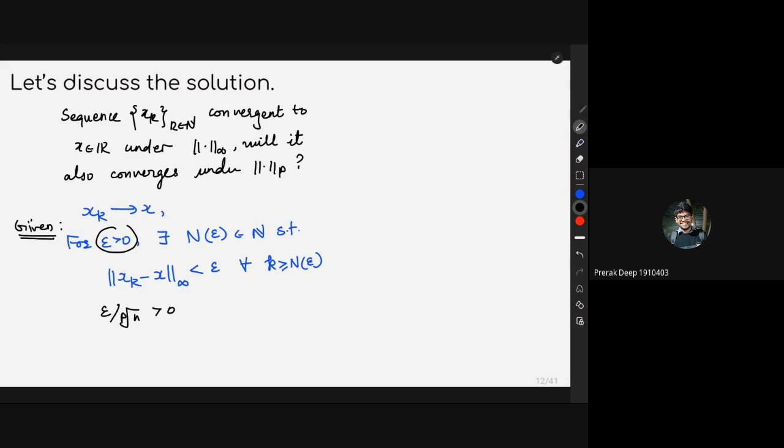For this value, there will exist some natural number n epsilon prime such that xk minus x under the supremum norm will be smaller than epsilon prime for all k larger than n epsilon prime.